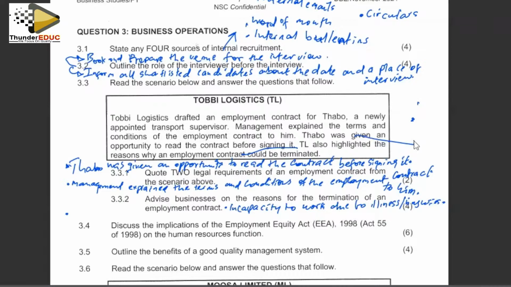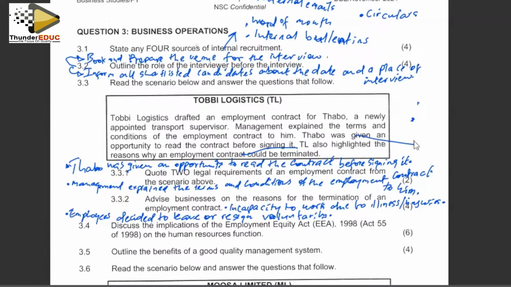The next one, we are saying that employees decided to leave or resign voluntarily. Okay. So now let's check 3.4.